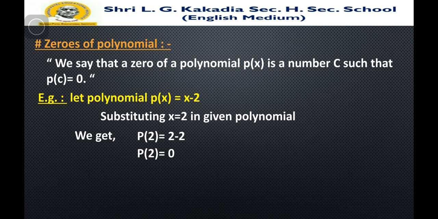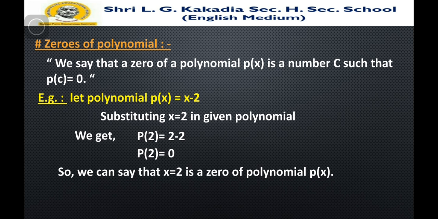When we put x is equal to 2 in p of x, it makes it equal to 0. So we can say that x is equal to 2 is a zero of the given linear polynomial p of x.